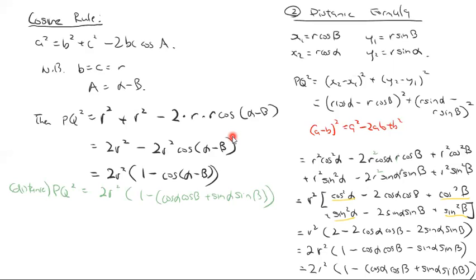The bracket's different. Well, yes, but more importantly, what's the same? 2r squared is the same. The 1's the same, right? And these parts are different, right? Now, are these the same thing? Yes. And so, what can we say?